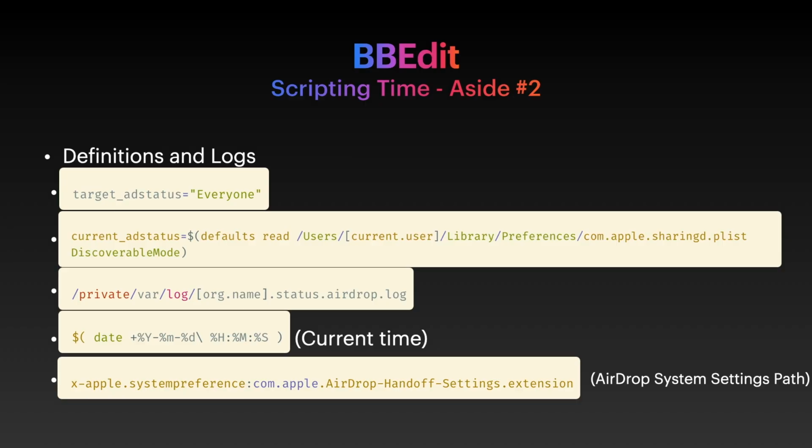So I do private var log, my org name, .status.airdrop.log. Now, if you do this, again, with the brackets, and we actually get to the script and run it, it would create a file in log that is brackets org.name. So you may want to change that.